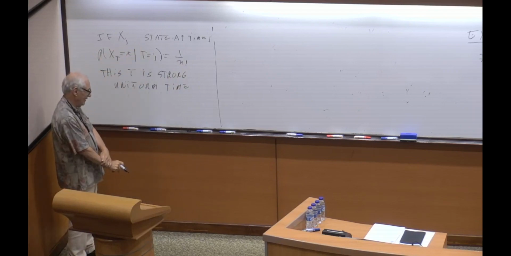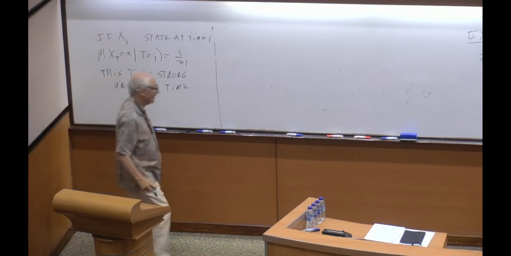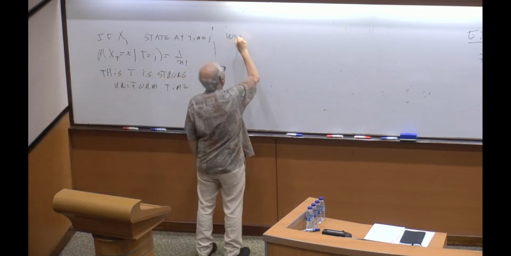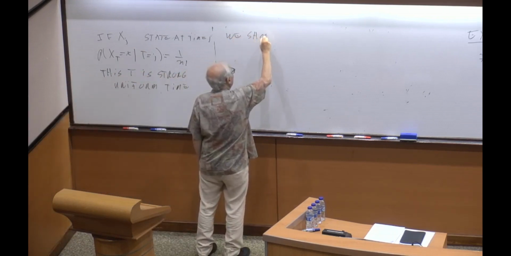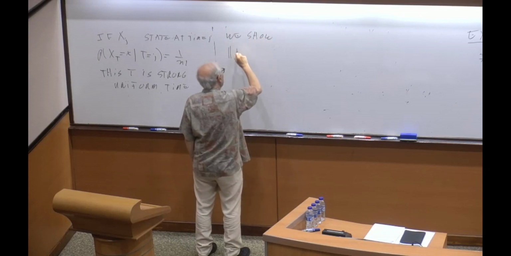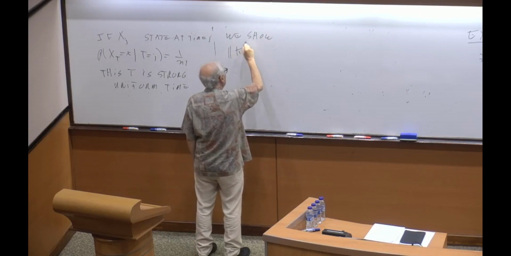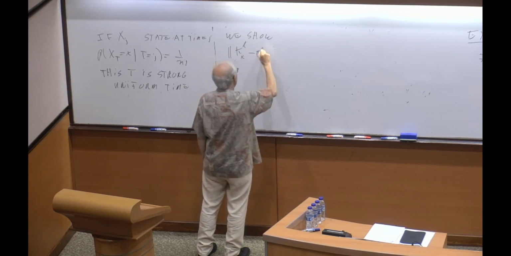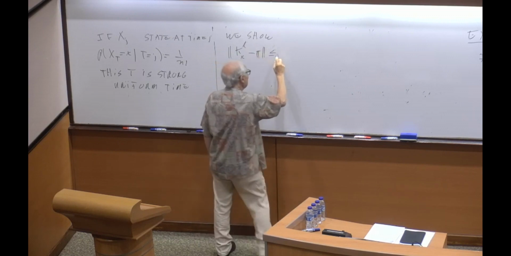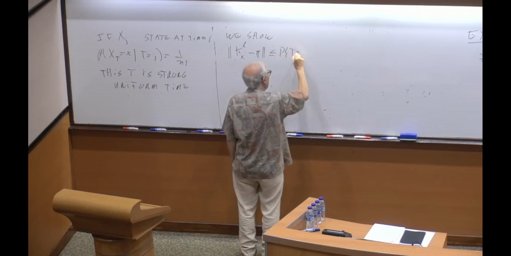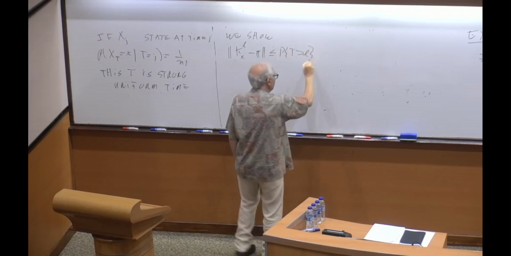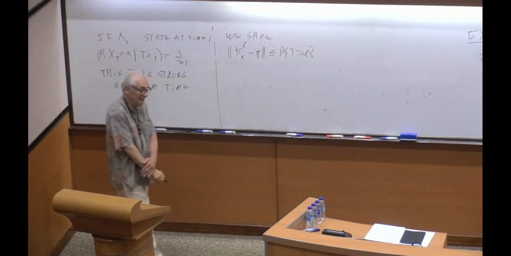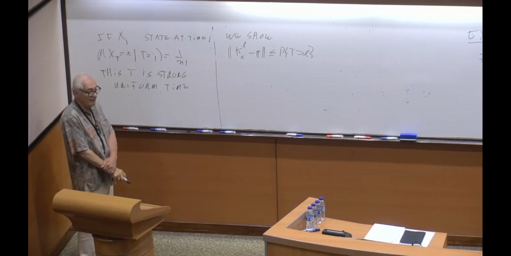And we're going to show in a second that the distance of the chain after L steps, starting any place, to its stationary distribution, is less than or equal to the probability that T is bigger than L. That's a basic inequality that we'll prove in a second.